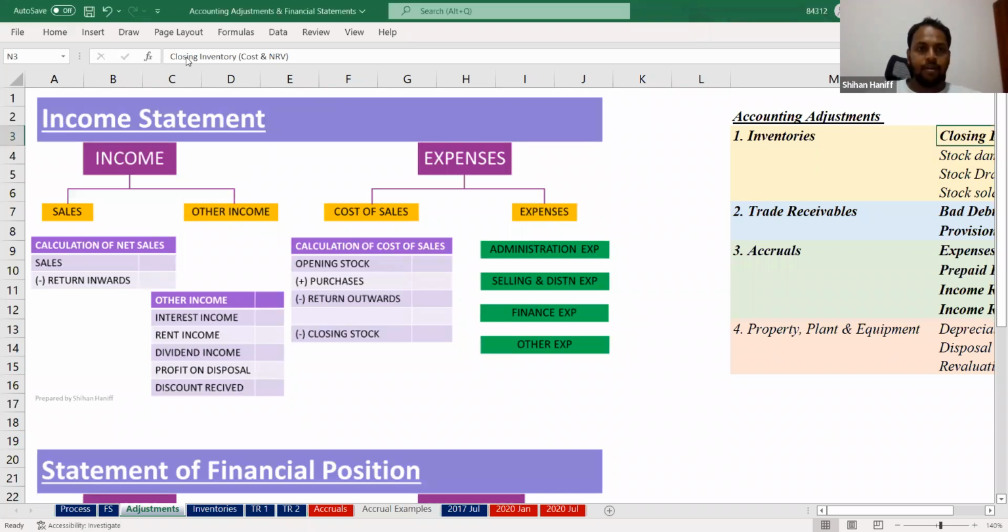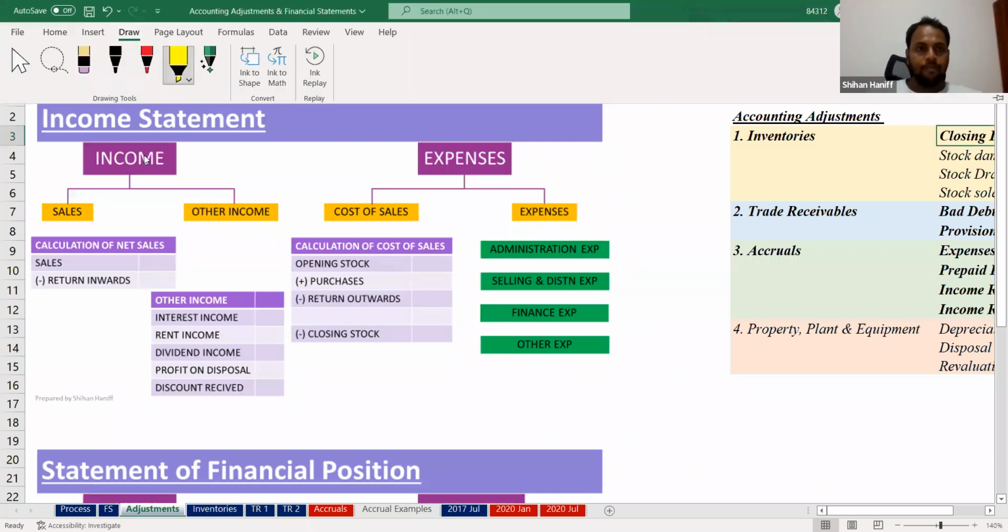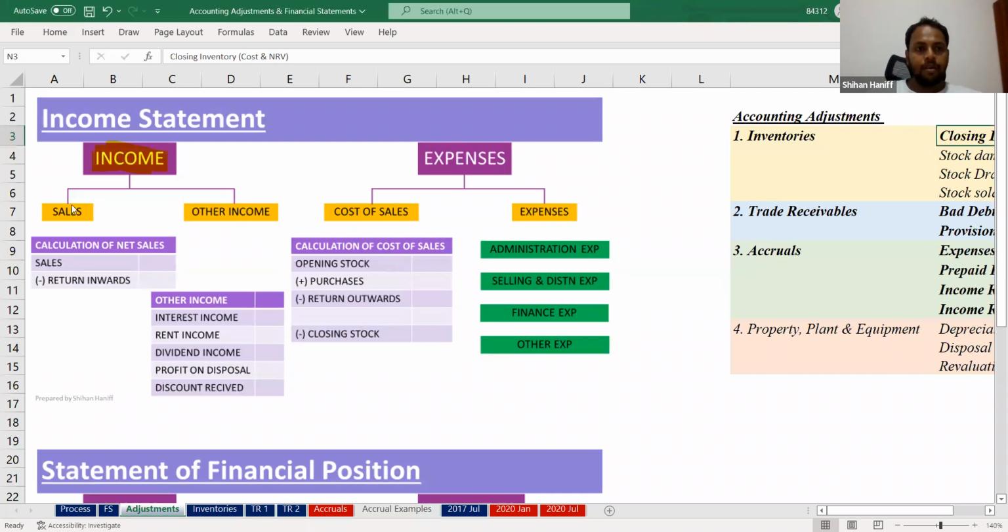Right. So in the income statement, we have income. There are two types of income, sales. In a business, the main income is sales income. And there may be other income. So sales income means we take the net sales. How do you calculate the net sales? Sales minus return inwards. So if you prepare the income statement, on the top, we have sales minus return inwards, sales return.